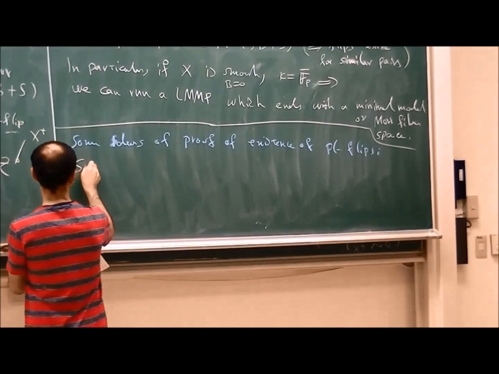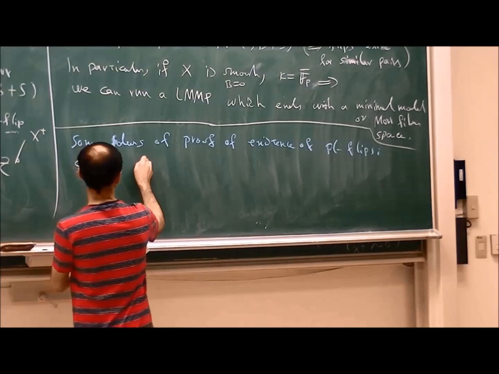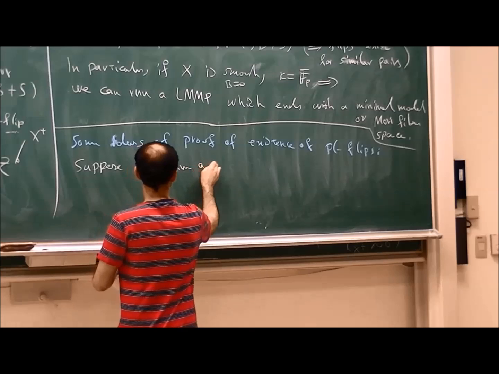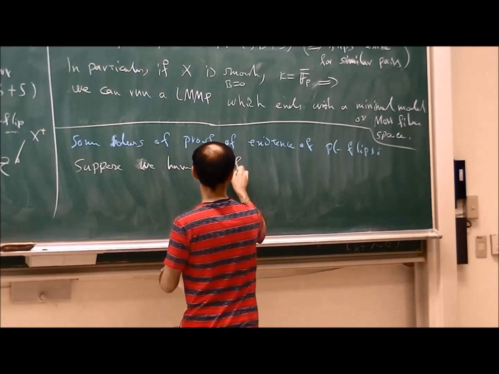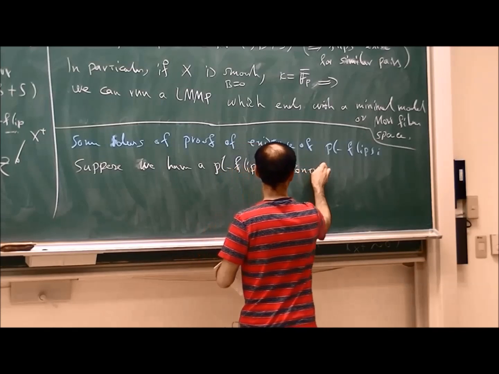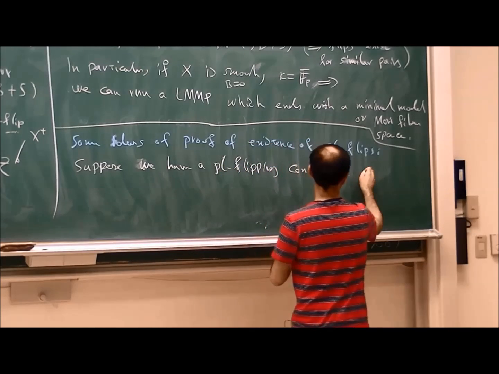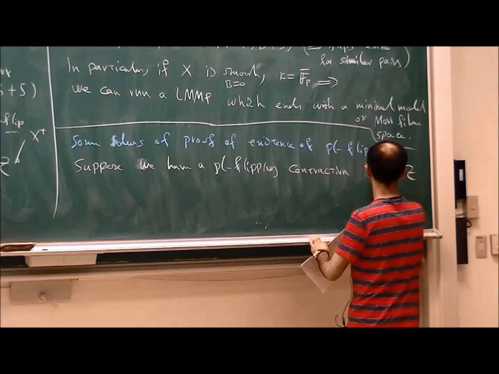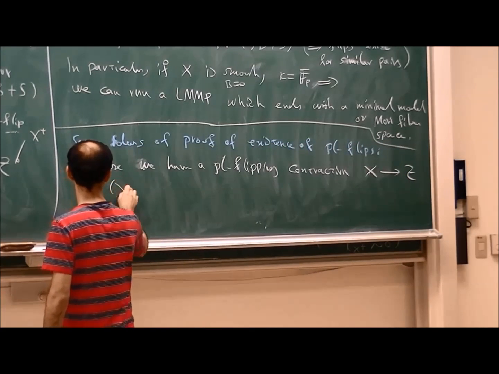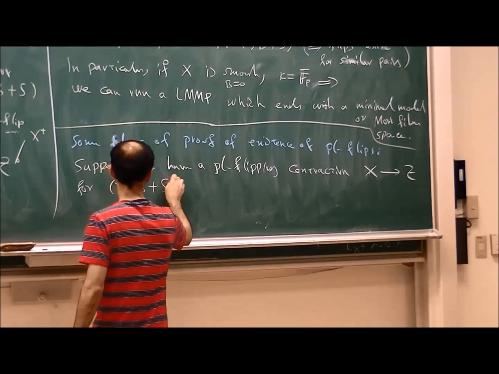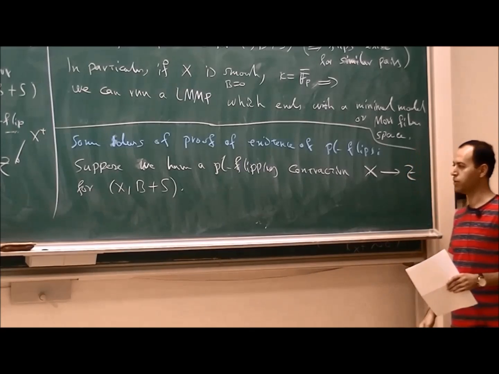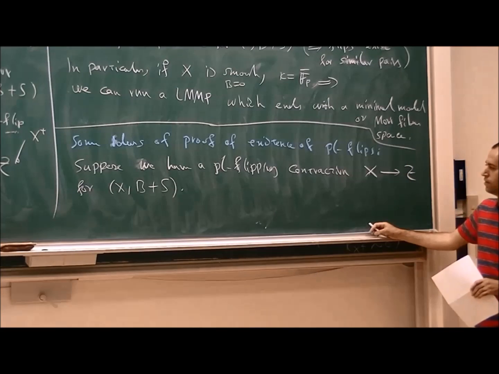Suppose that we have a PL flipping contraction for some pair B plus S, so we have the distinguished component with coefficient 1.